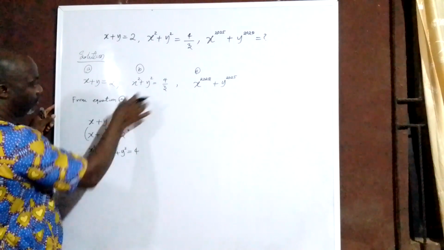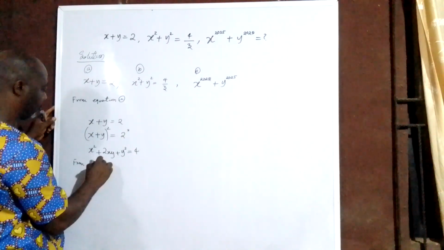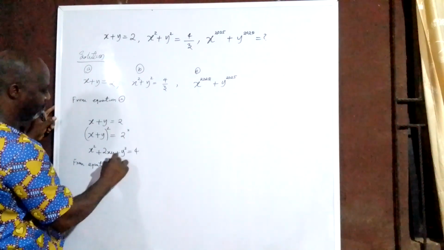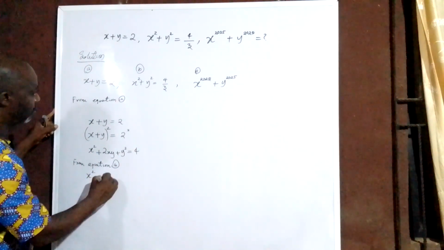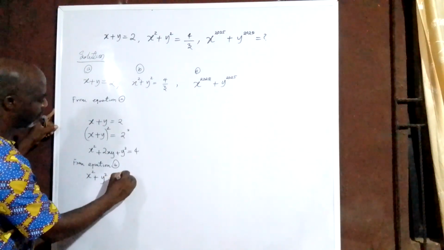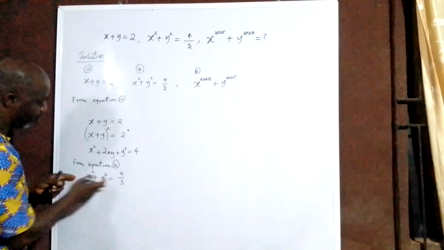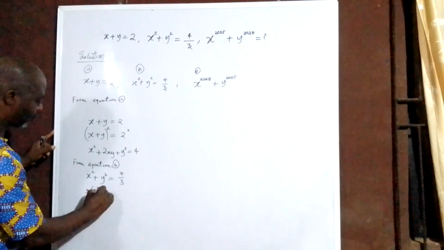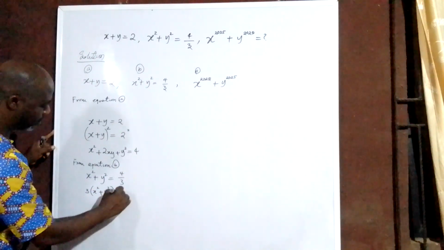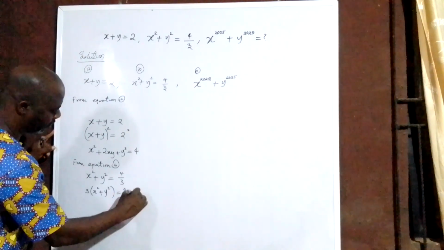Then let me go to the one in the middle. From equation B, I have x squared plus y squared equals 4 over 3. What I need to do is clear the fraction by multiplying both sides by 3. So 3 times (x squared plus y squared) equal to 4 over 3 times 3.